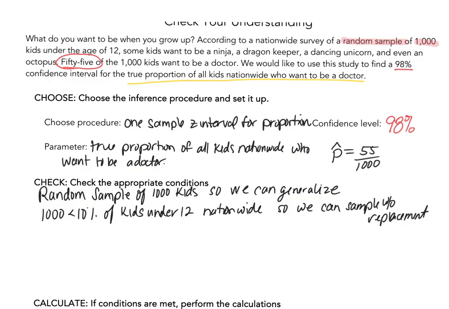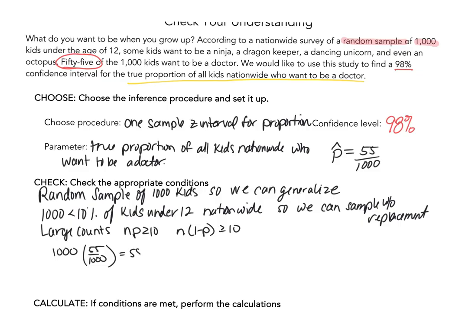And the last is large counts. That is n times p has to be greater than or equal to 10, and n times 1 minus p must be greater than or equal to 10. So my n is 1,000, and my p, or in this case p hat, because that's all I have, is 55 over 1,000.